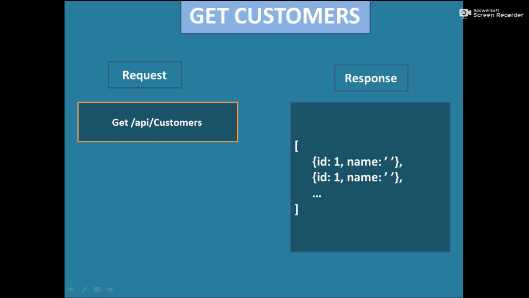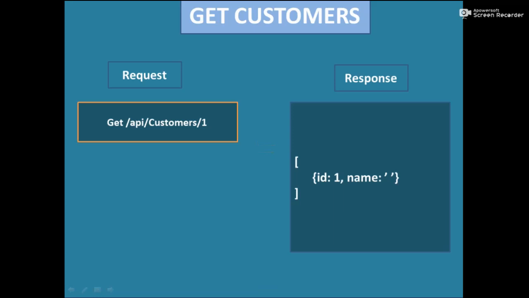The result looks like this: ID and name. This is called the response from an API. With the GET method, the response should be enclosed in an array, so this is an array of objects, each with an ID and a name. If you want to get a single customer, you just need to add the ID after the slash, like /1, and the response looks like this: ID 1 and name. So in the request you add the 1 as a parameter, and the response looks like this.